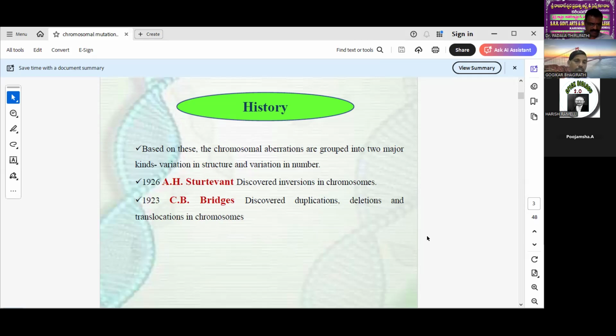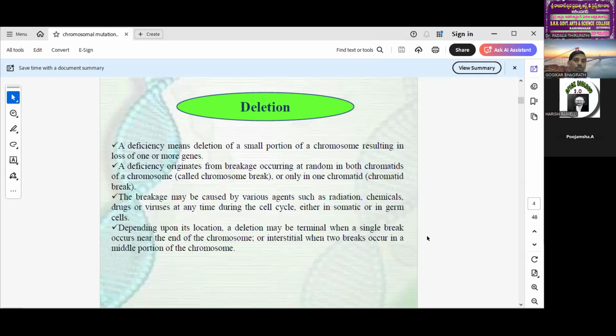In 1926, H. Sturtevant discovered inversions in chromosomes, and in 1923, C.B. Bridges discovered duplications, deletions, and translocations in the chromosomes.